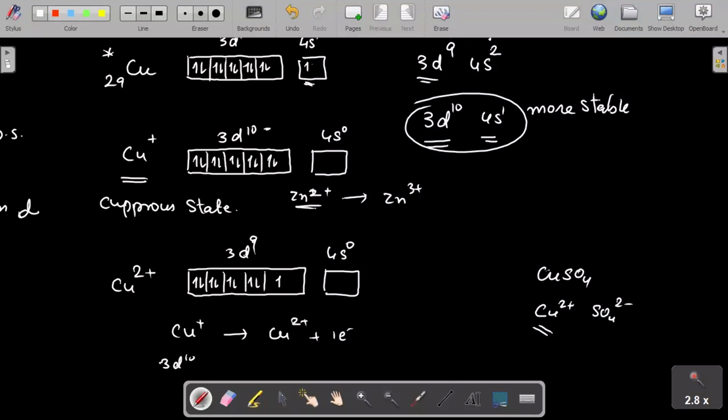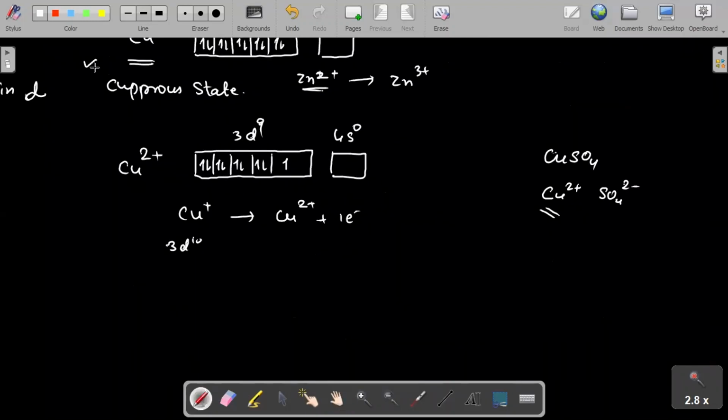Now, why does this happen? This is only possible if copper ions are in water. So when a copper +2 salt goes into the water, the +2 copper ions get highly stabilized by hydration.